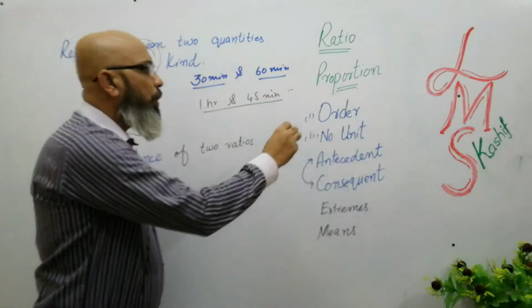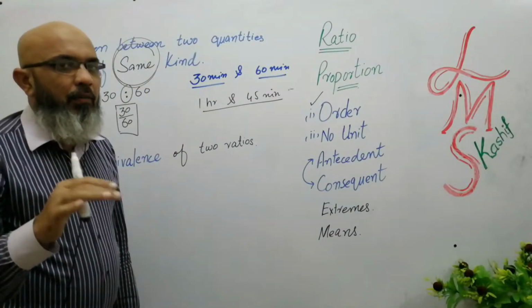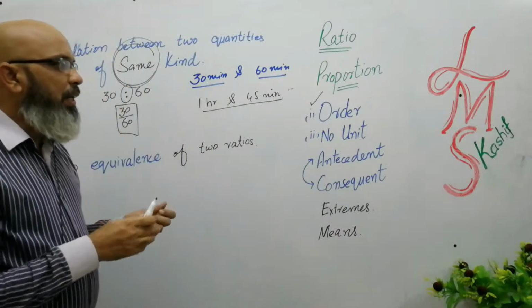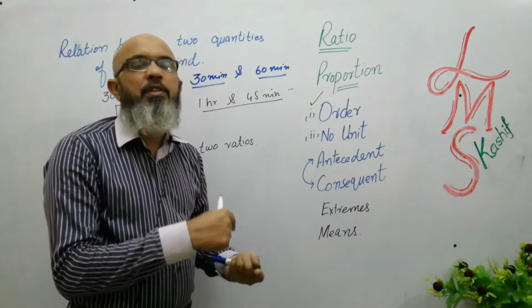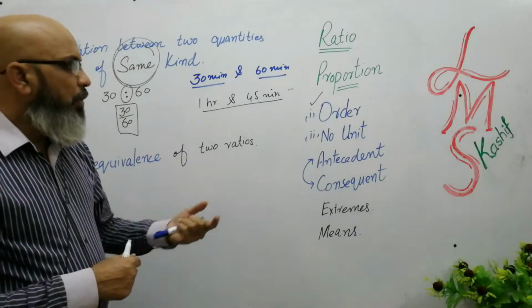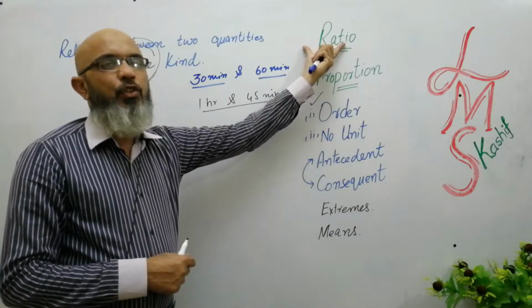The second thing, we should keep the order of these quantities in mind. When writing a ratio, we have to keep its order in mind. The first quantity is always written first. Second, there is no unit when we write in ratio form.